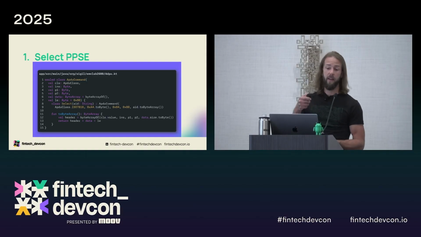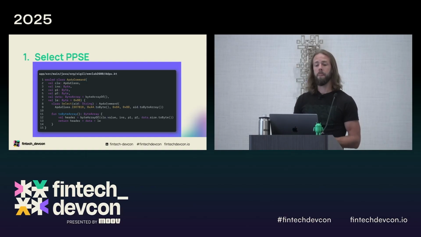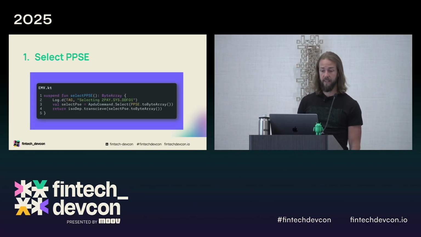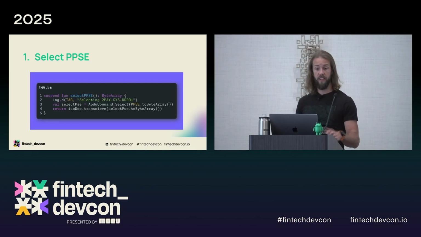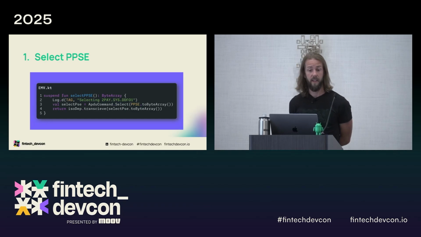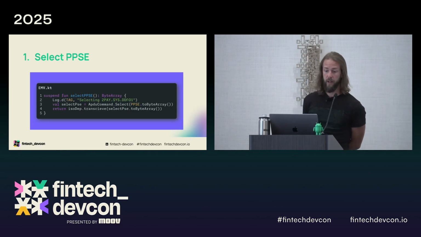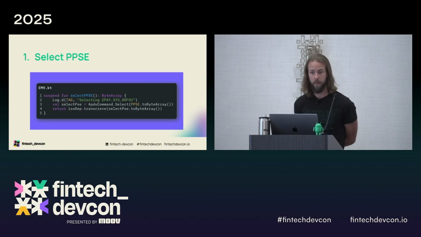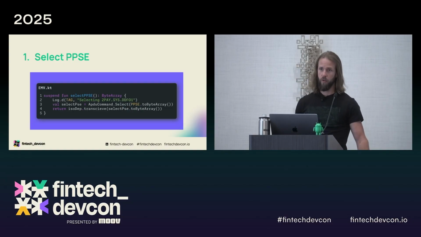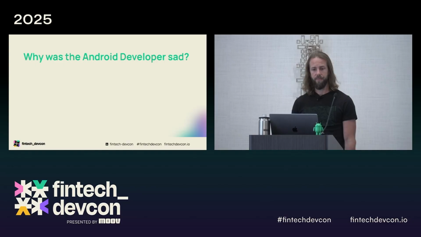It's an ISO command, instruction A4, and the offset is 0, 4, and 0, and then you just pass in the byte strings of whatever you are passing. In this case, it is just the string 2PAY.SYS.DDF01. So we construct our command and send it to the card via the ISO DEP interface. So far, so good, pretty simple.